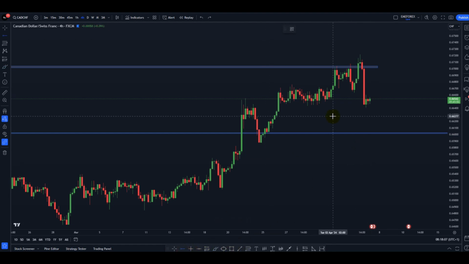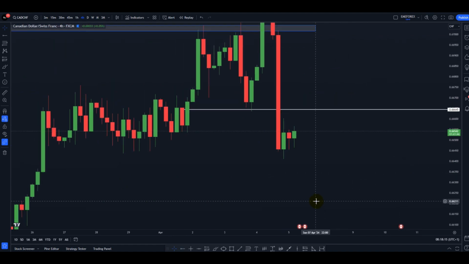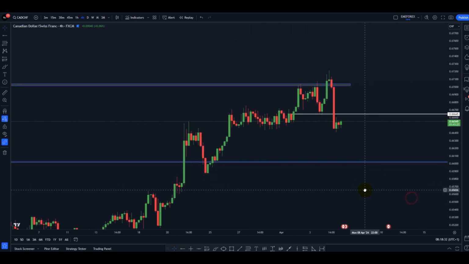On the 4 hour, if you look at this closely, there's a high chance we could trickle and retrace all the way back into this level. And if we do get to this level, we want to wait for confirmations before we start jumping on that sell. So to sum this up, we'll be waiting for price to retrace to that level and see if we'll get a sell, and this will be our target below here.